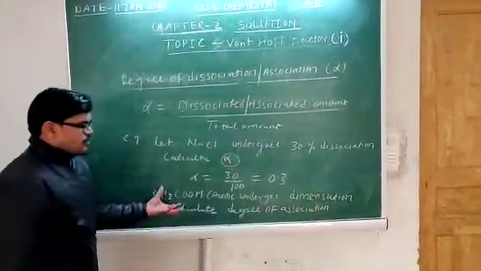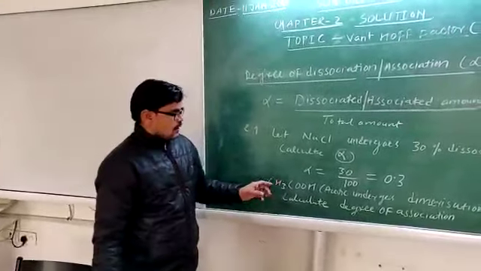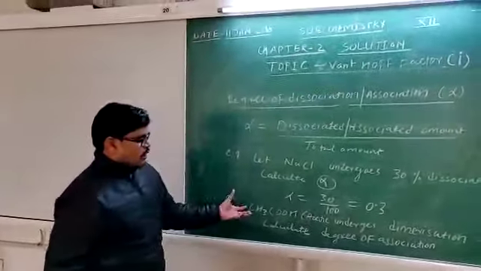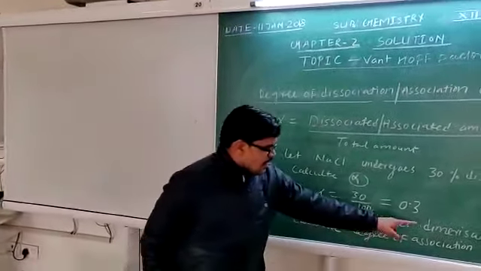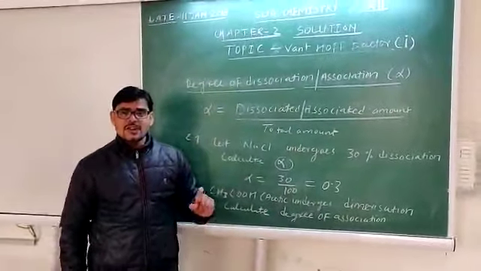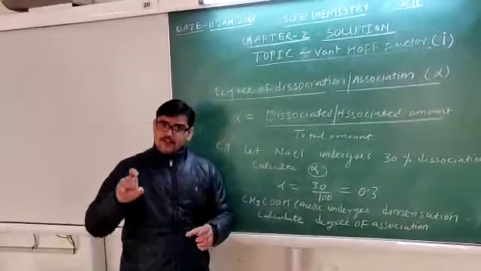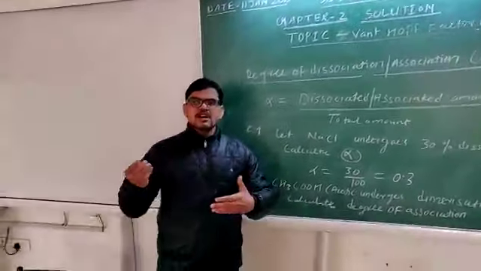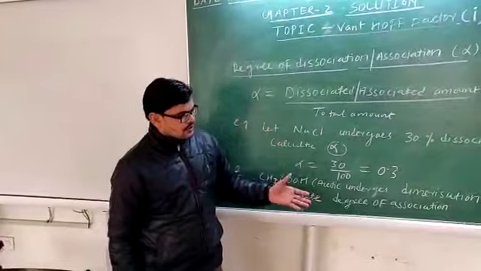Students, if you solve the question in parts, it is easy for you. So right now it is very helpful to calculate the degree of association. So CH3COOH undergoes dimerization. What is the term dimerization? When two molecules associate together, they form a dimer. This phenomenon is called dimerization. Another term used in this chapter is trimerization.